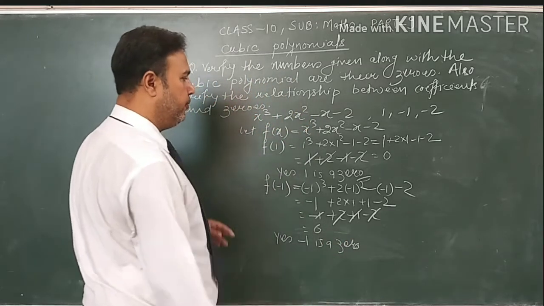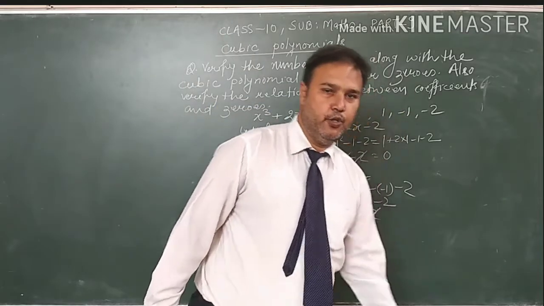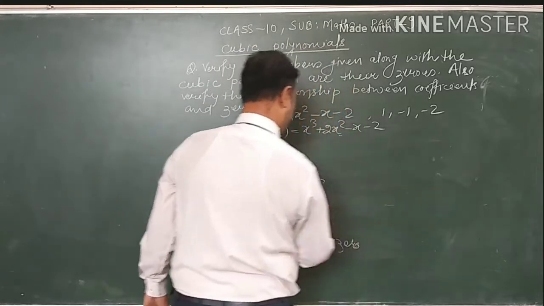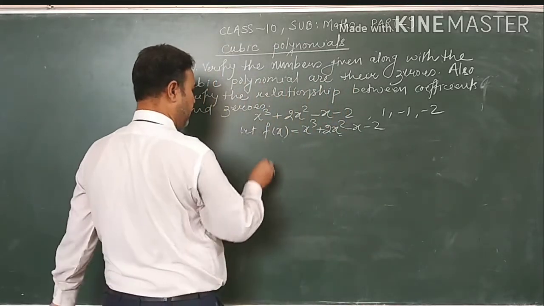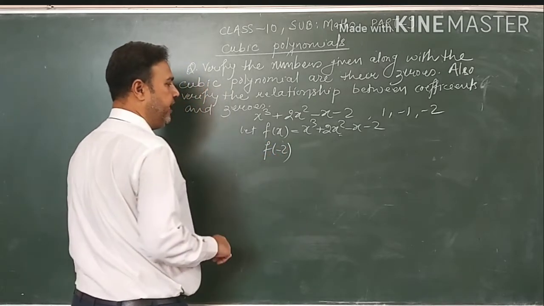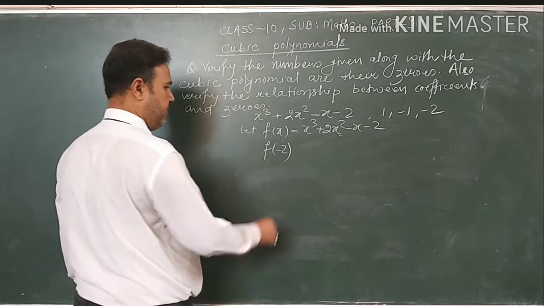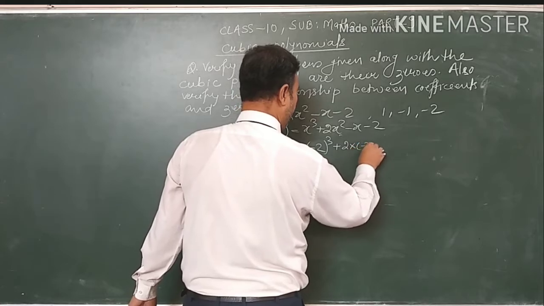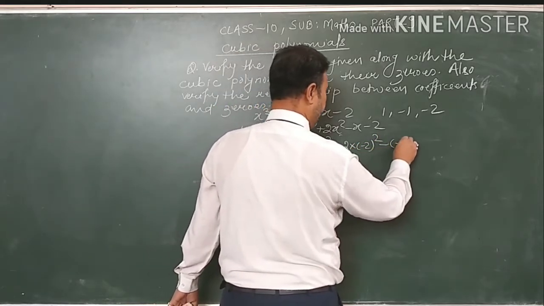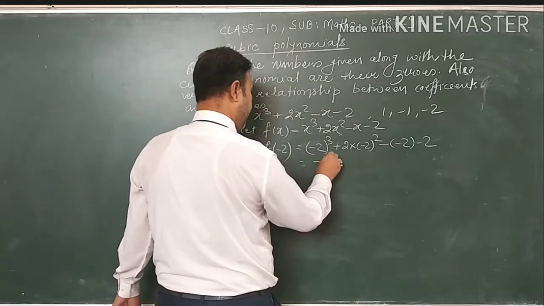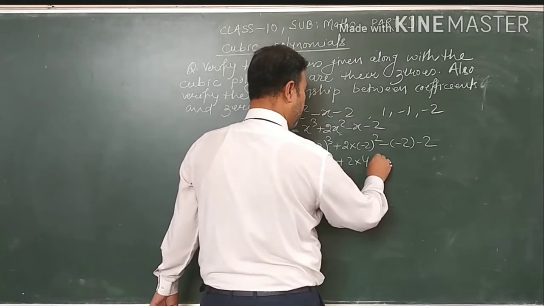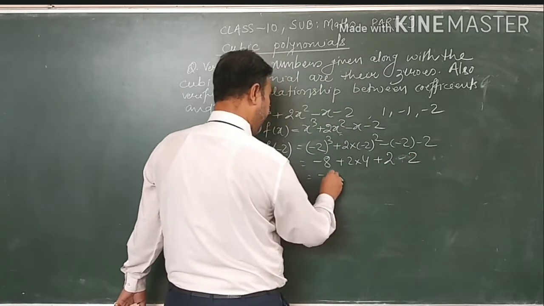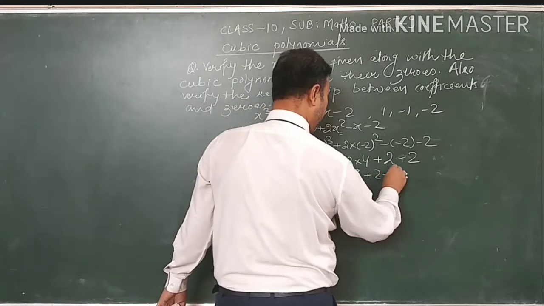In the same way, we will show -2 is a zero. See. This time we are taking -2 in place of x. -2 cube, plus 2 into -2 square, minus -2, minus 2. -8, plus 2 into 4, plus 2, minus 2. -8 plus 8 plus 2 minus 2.